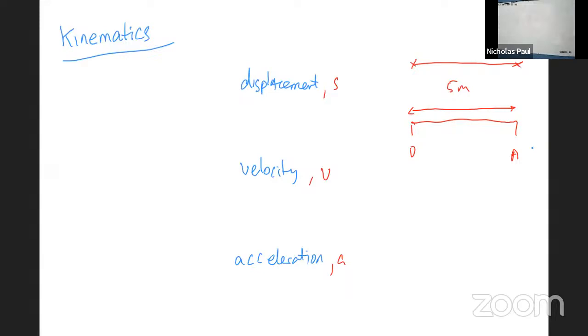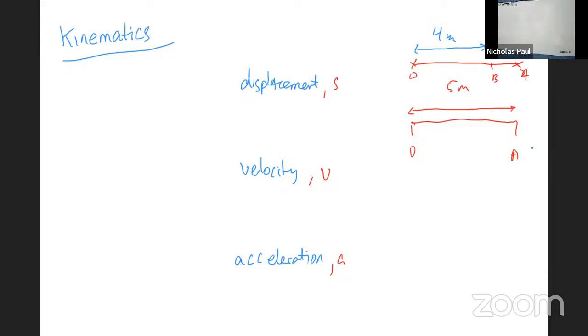Because you start at O and you finish at A. But suppose you went back to B. Let's say B is 1 meter away from A. So let's say you went from O, then you went to A, and then you finish at B. Your displacement will be the straight line distance from where you start to where you finish, so your displacement will be 4 meters. That's okay there? So your displacement is a straight line distance from where you start to where you finish.